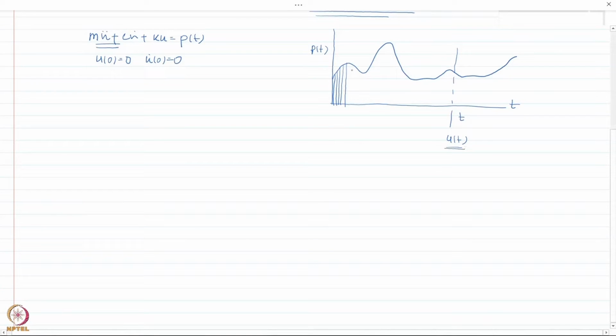I have the excitation function and I divide it into small intervals like this. The response at time t, u(t), would have a contribution from each of these small-duration loadings up to this point. This is the strategy that we are going to employ, and let us see how that works out.